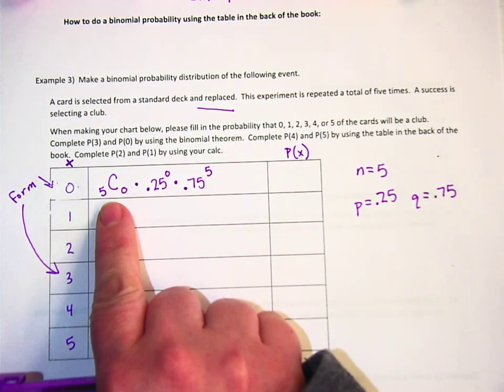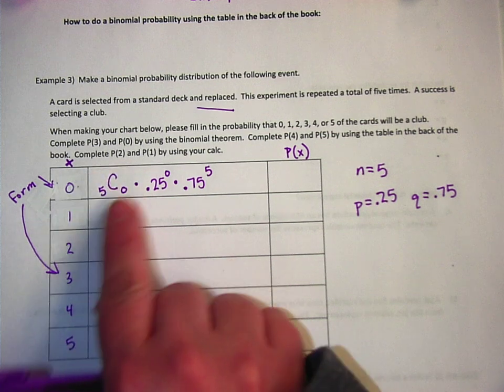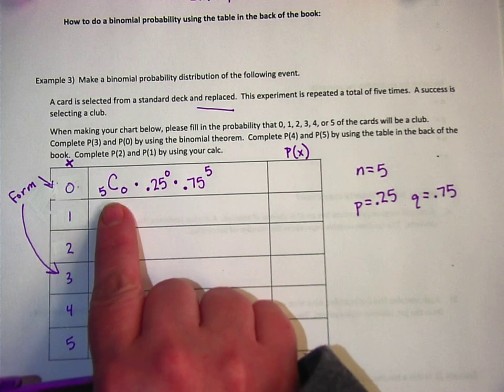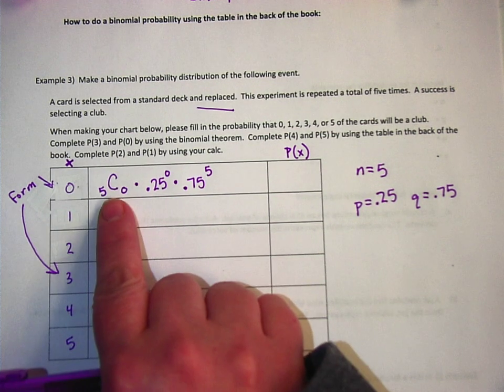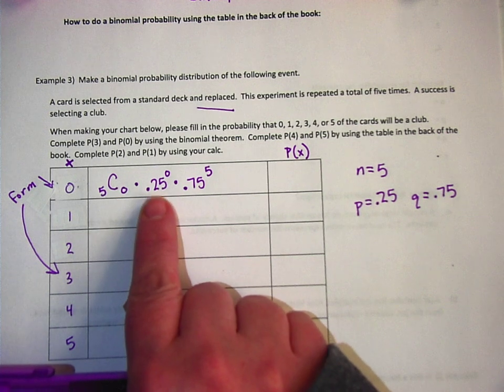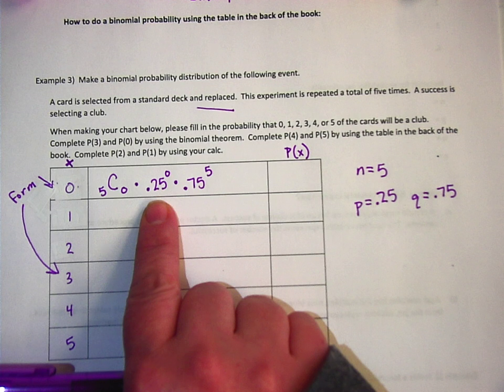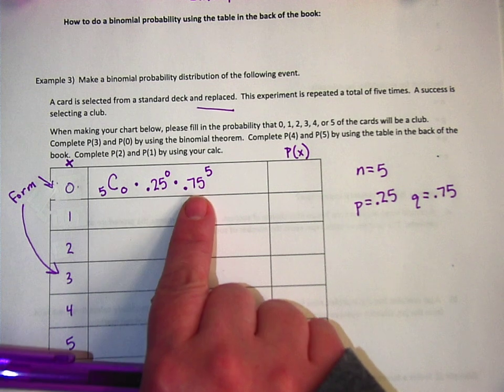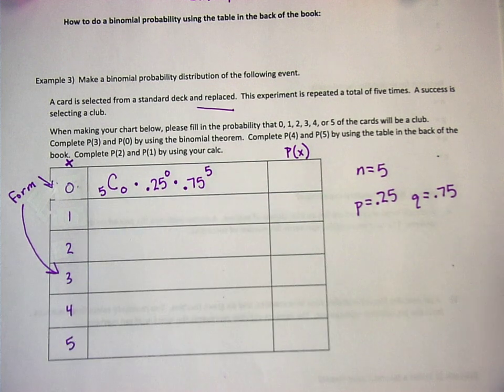So again, this is just the order of which ones I'm getting wrong or right, which will end up being 1 because there's only one way to get them all wrong, which is to get them all wrong. And then 0.25 to the power of 0, which also is 1 because anything to the power of 0 is 1. And then 0.75 to the power of 5.